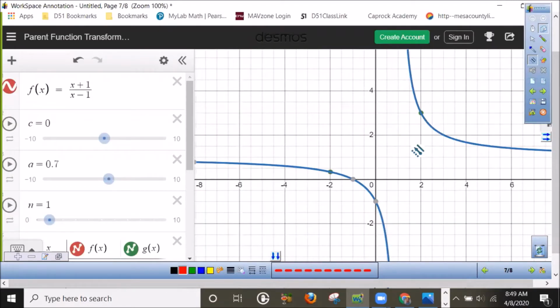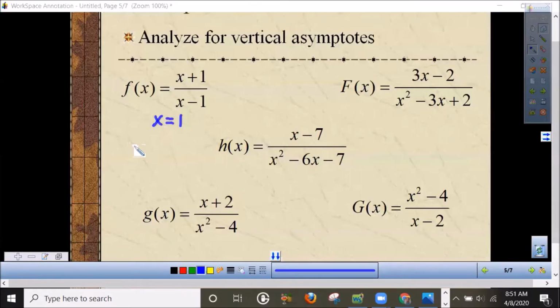Here's the graph of x plus 1 over x minus 1, and we can see that indeed it does look like there is a vertical asymptote at the value x equals 1. So here's that vertical line, and as the graph approaches it from both sides, it either heads up to positive infinity or negative infinity. So at x equals 1, we did see a vertical asymptote.